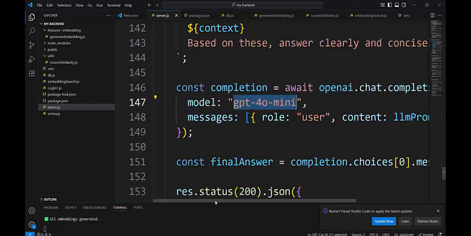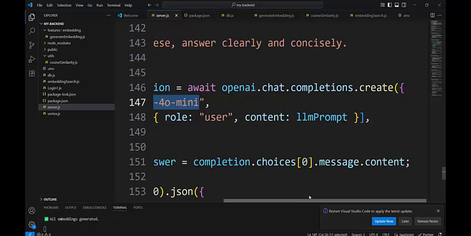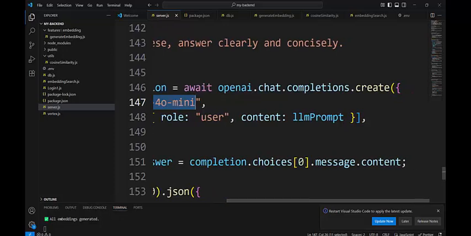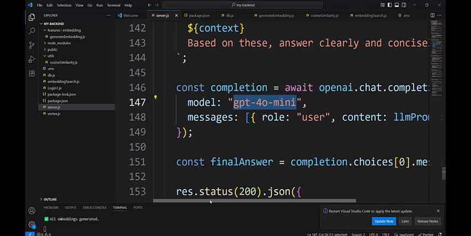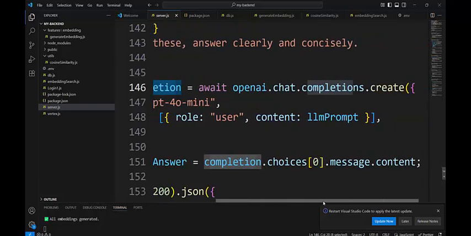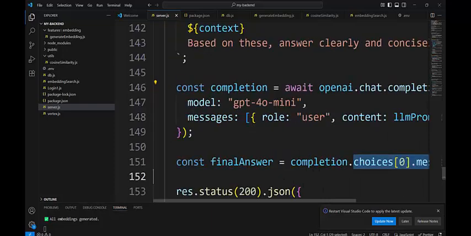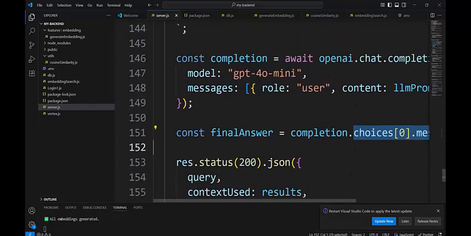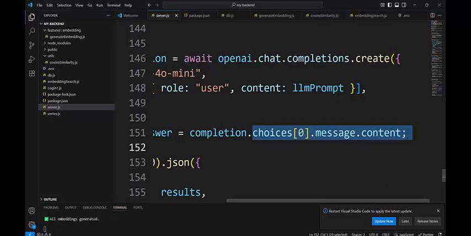And messages, role user, content, LLM prompt. This final answer is this completion. Choice first, final complete message and content.